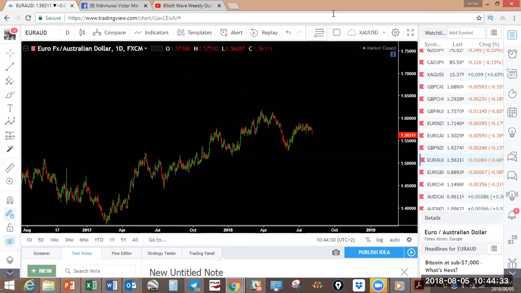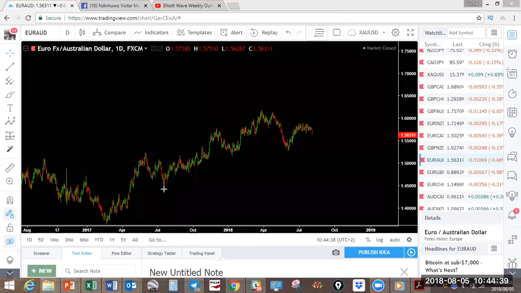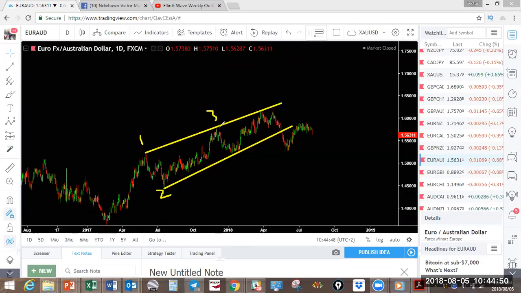Let me get my annotation tool back on. Sorry guys, my mouse is just a little bit jittery here. So you've got this textbook ending diagonal. That makes a 1, 2, 3, 4, and a 5.